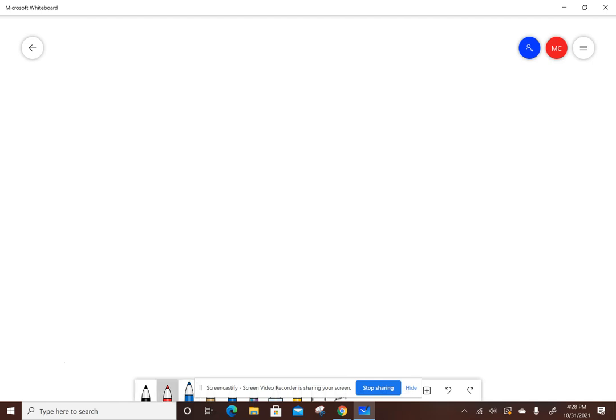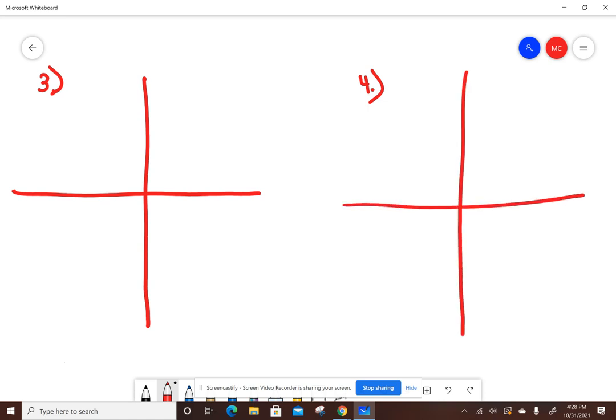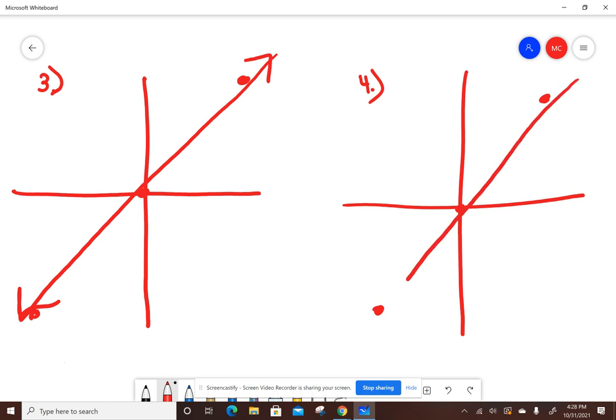So for number 3, again, I'm going to draw the parent function. Hopefully you've already drawn the parent function. Remember, I go from corner, middle, corner, like a 45-degree angle. I draw my parent linear function.